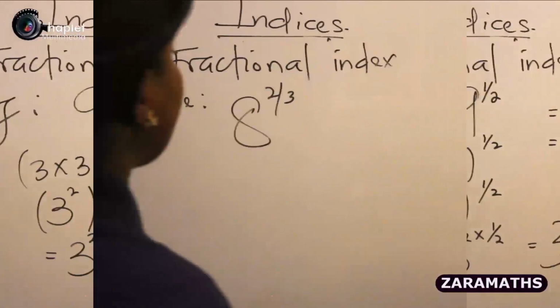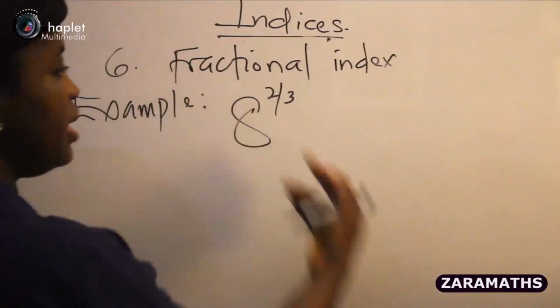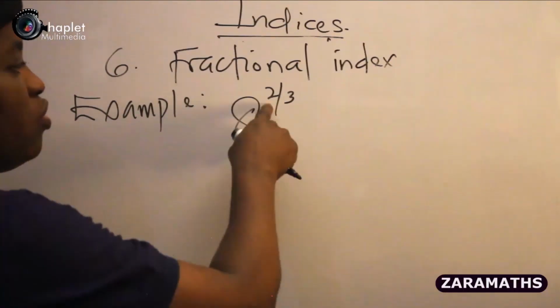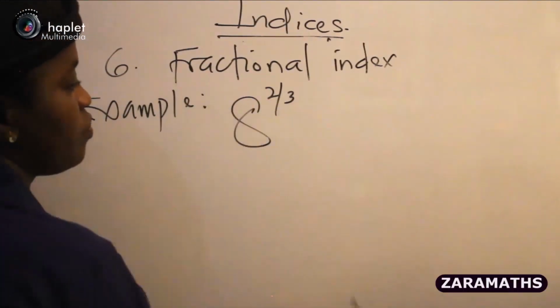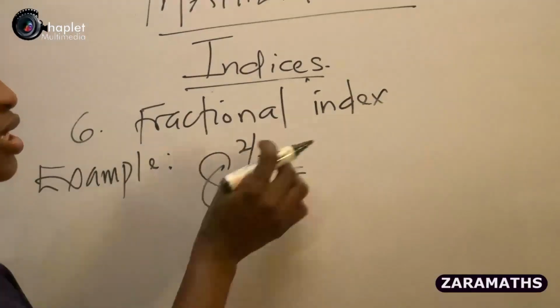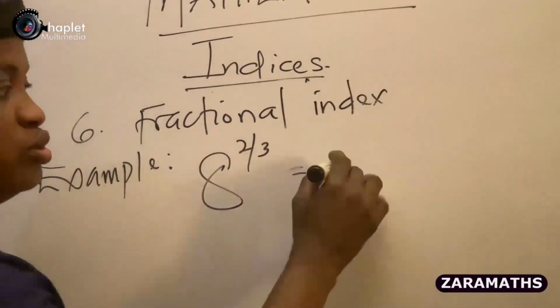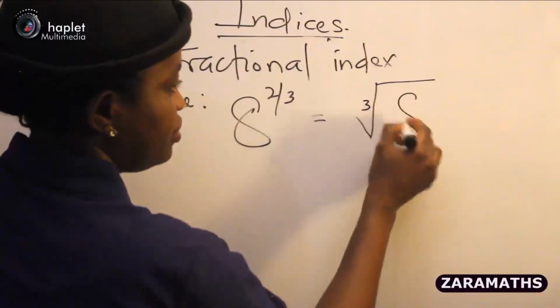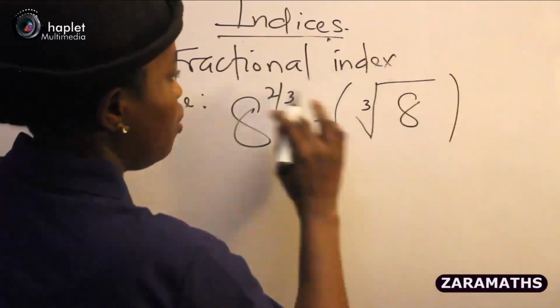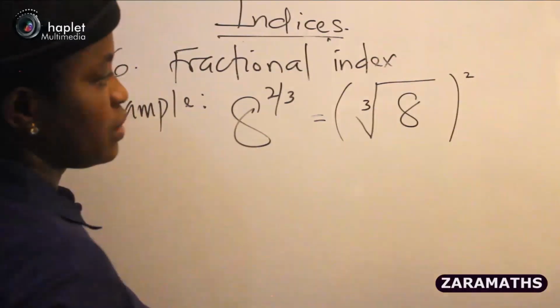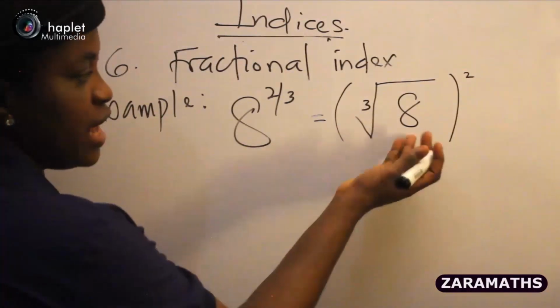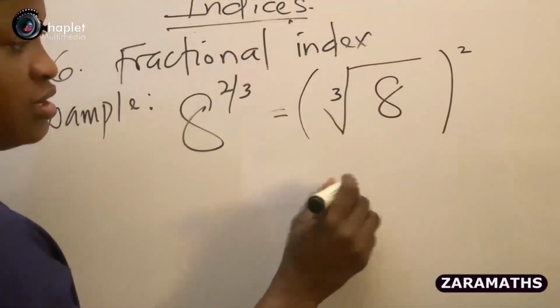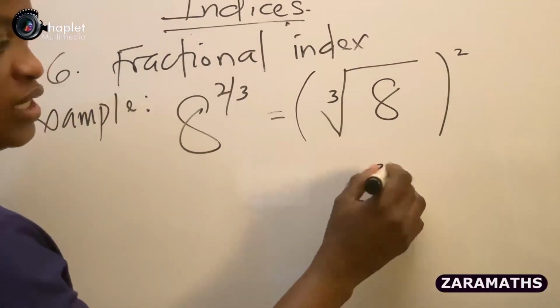Okay. Let us look at another example. 8 raised to the power of 2 over 3. The fractional index law states that the denominator becomes the root of the base, all raised to the power of the numerator. So in this case, 8 is just like saying 2 raised to the power of 3.